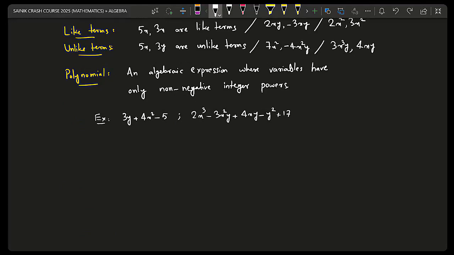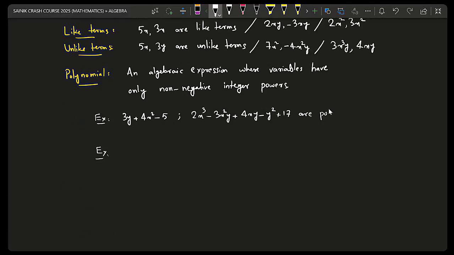Sir, yes Mayuk. Sir, is there any other algebraic expression like a polynomial? Yeah, an algebraic expression can be a polynomial and it cannot be a polynomial. For example, take examples of algebraic expressions which are not polynomials.